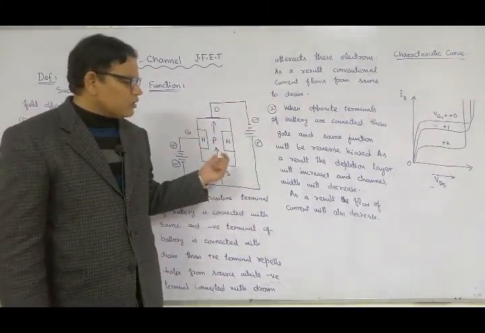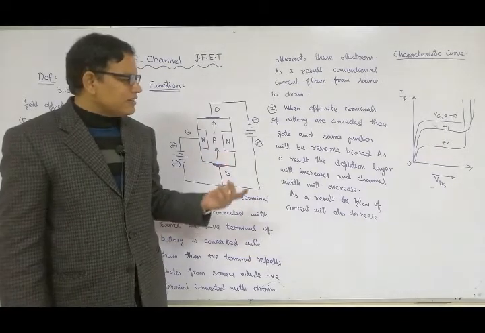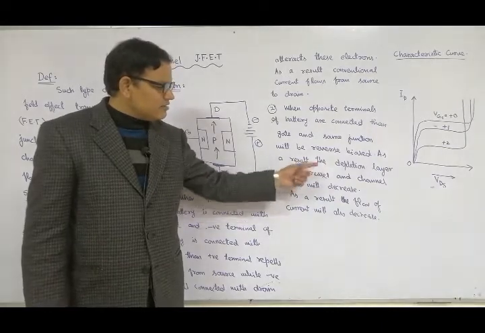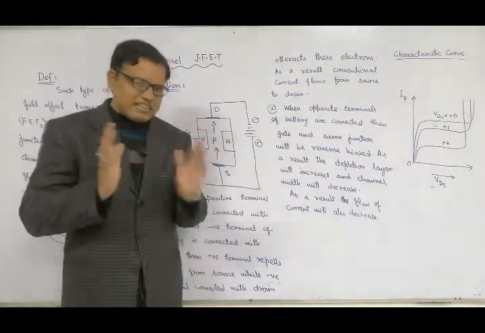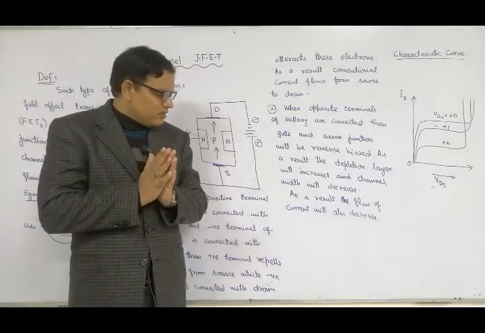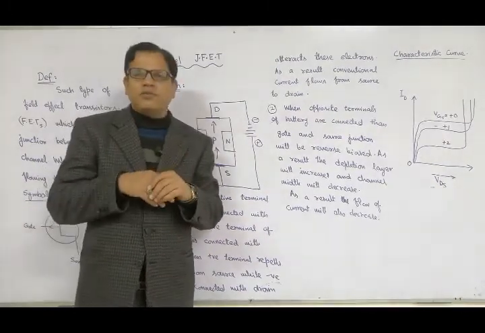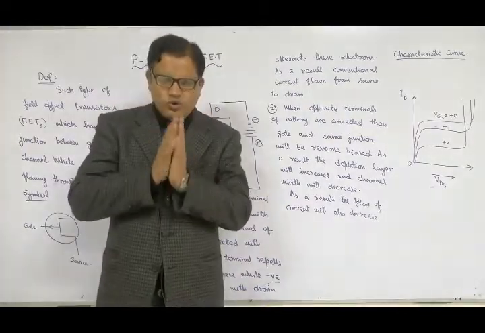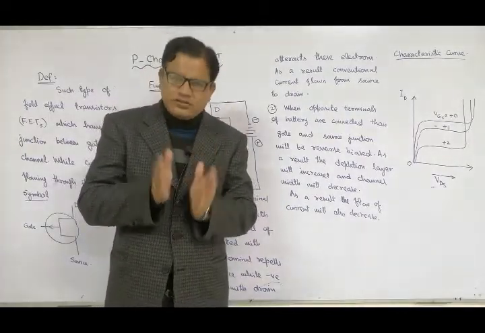Then automatically the gate and source junction will be reverse biased. As a result, the depletion layer will increase and the channel width will decrease. As a result, a minimum level of current will flow through it and the current will drop to its lower position. So this is how it works.